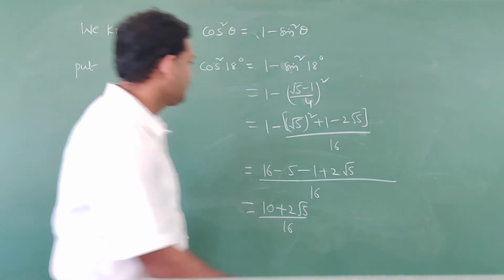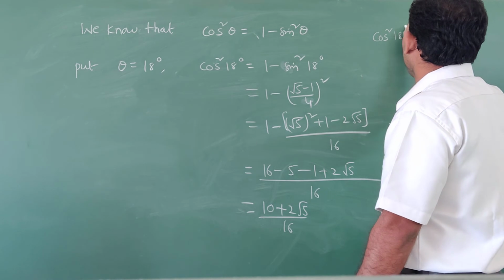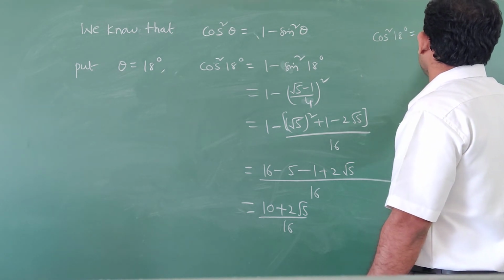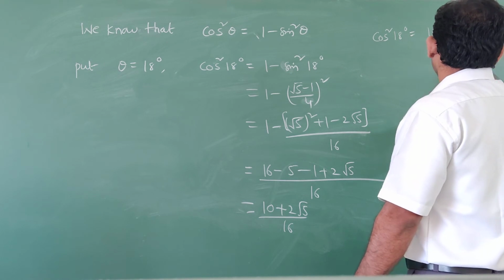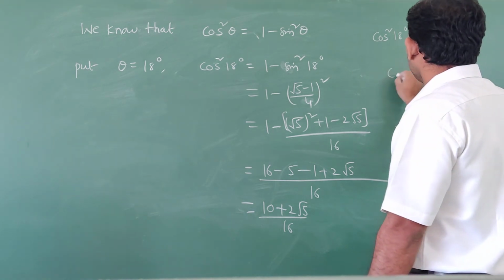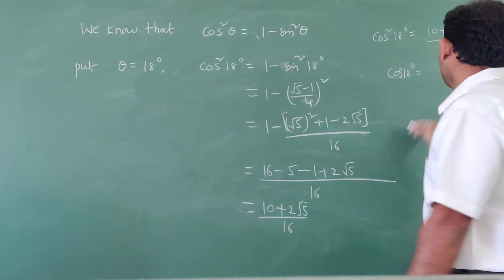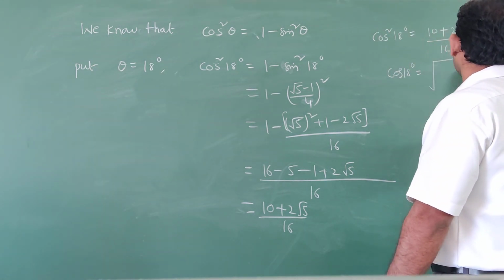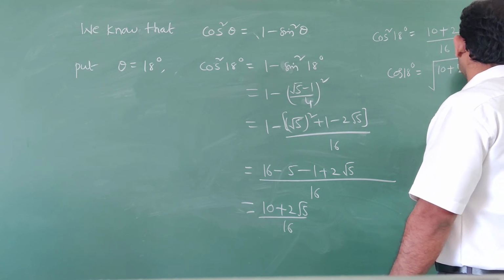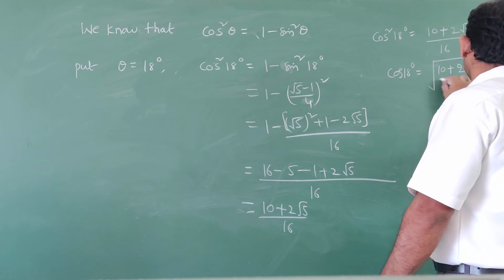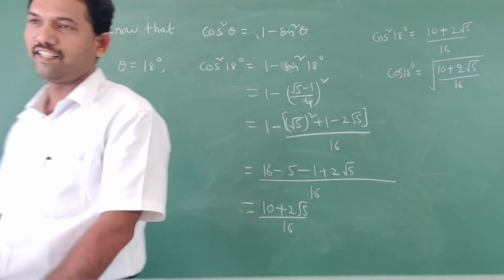Okay, now this is cos square 18 degrees value, 10 plus 2 into root 5 divided by 16. So cos 18 equals root over 10 plus 2 root 5 divided by 16. That is your cos 18 degrees value.